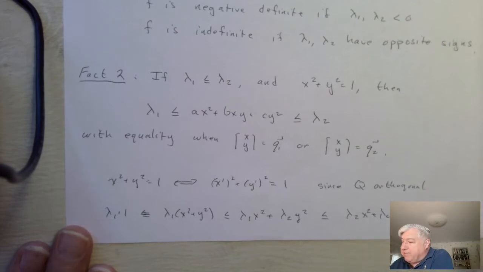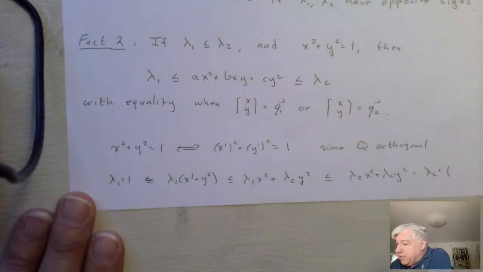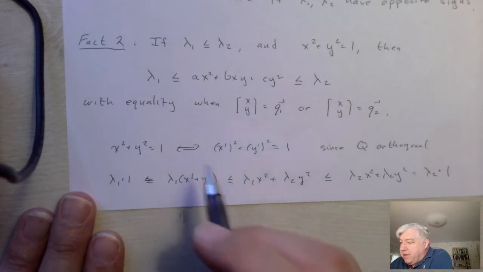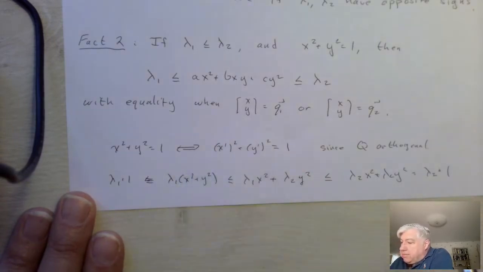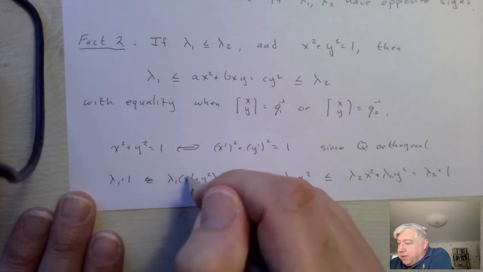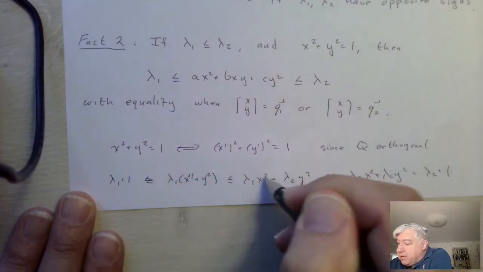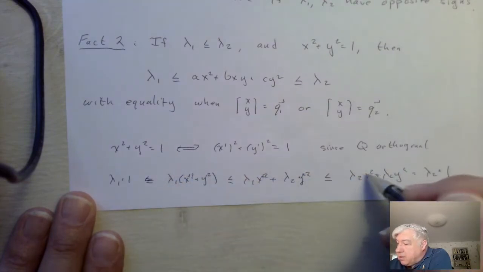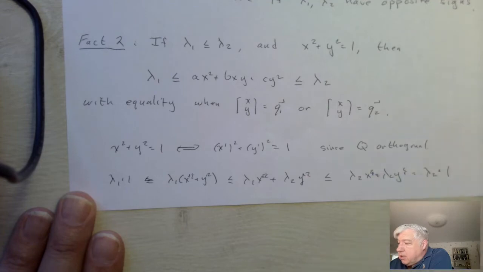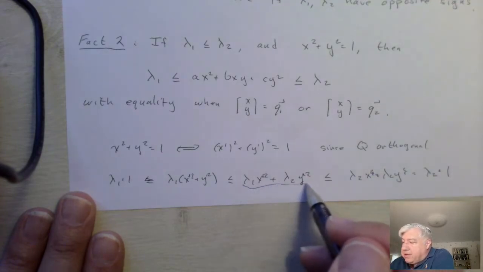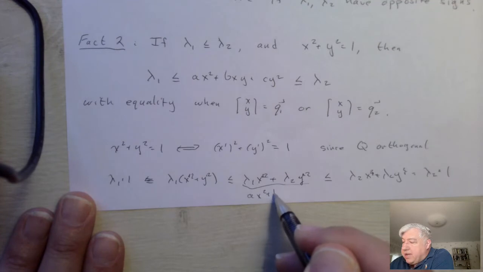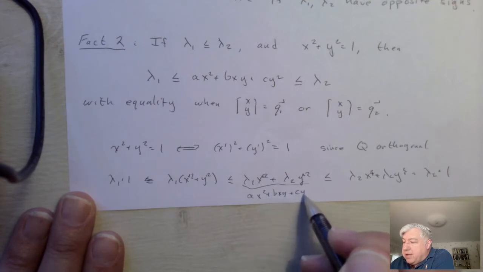Let me factor stuff out. These should all be primes, I guess. And this we know is equal to ax squared plus bxy plus cy squared.